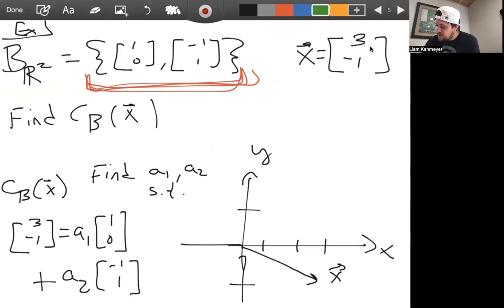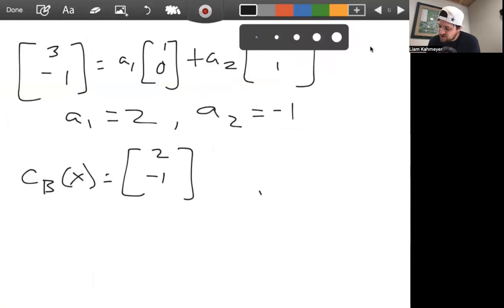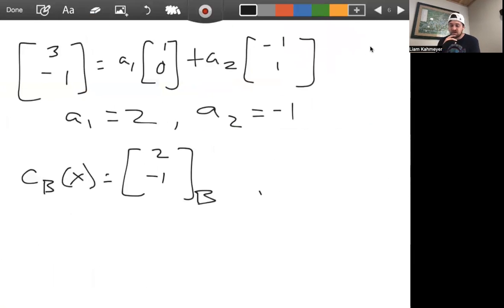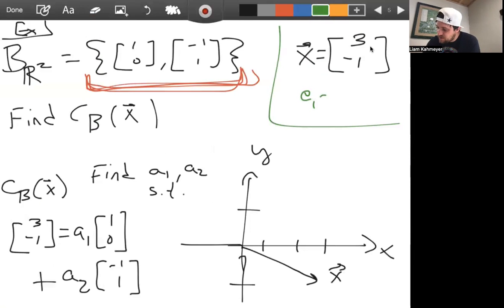Well, when we have X described in terms of the standard basis, and maybe I should say B here, right? Because it's understood that this is with respect to a different basis. When we have e1 is (1, 0) and e2 is (0, 1), what does this notation (3, -1) mean, right?